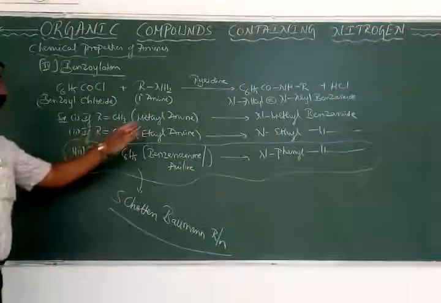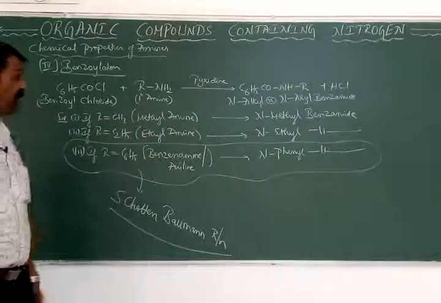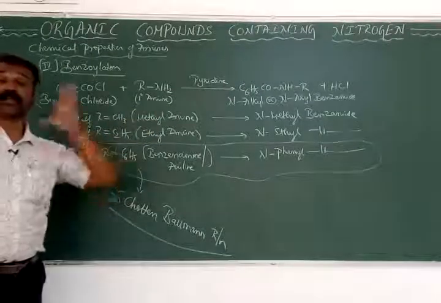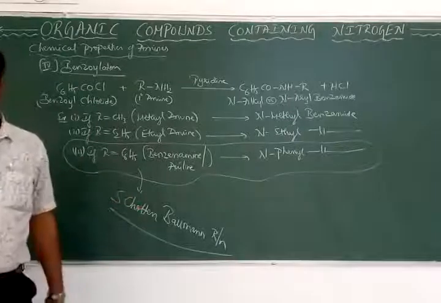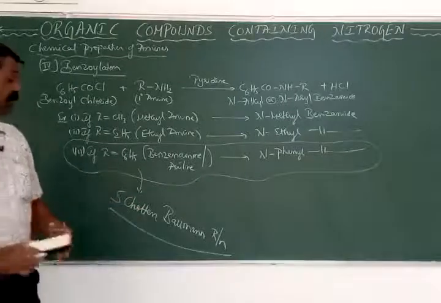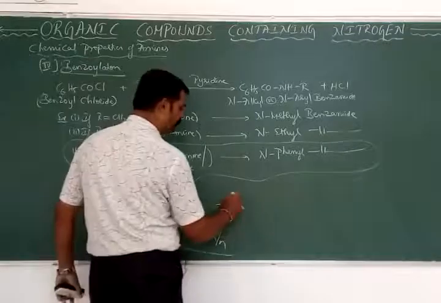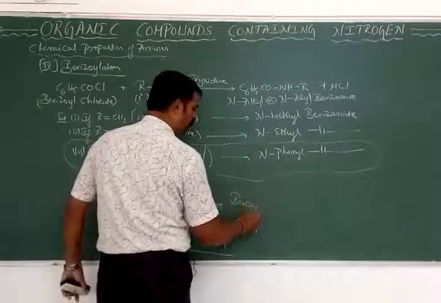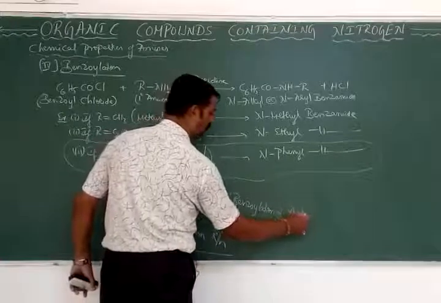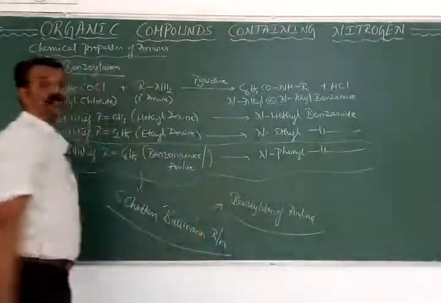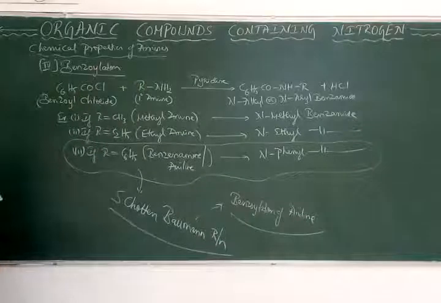If R is C2H5, then it is N-ethyl benzamide. If R is C6H5, the product is N-phenyl benzamide, and that particular reaction is called the Schotten-Baumann reaction. Benzoylation of aniline is called the Schotten-Baumann reaction.